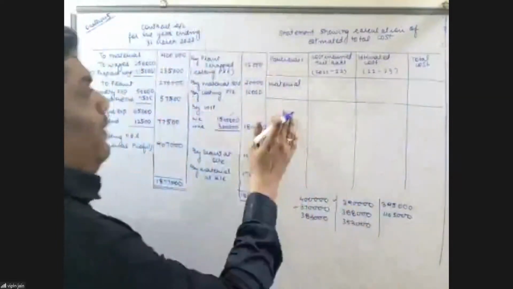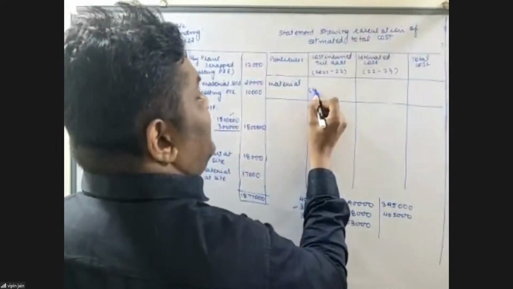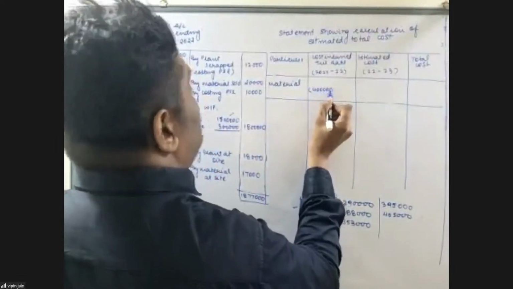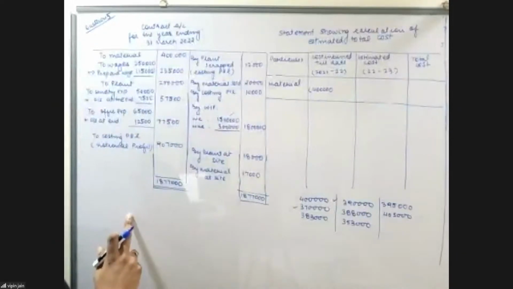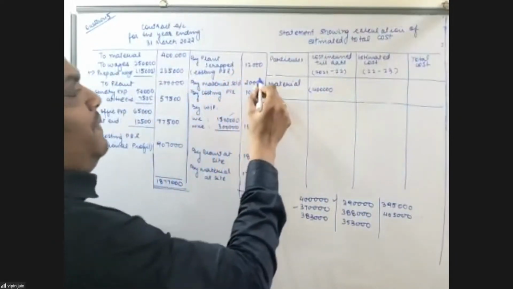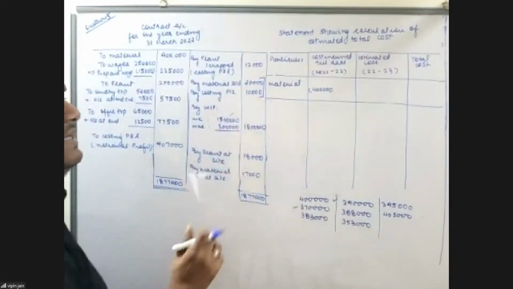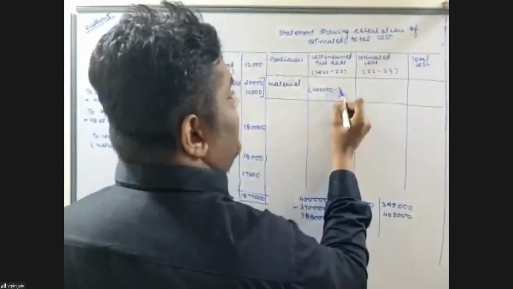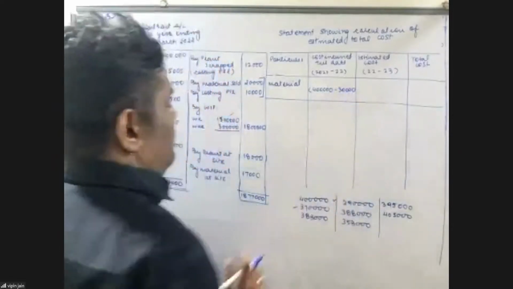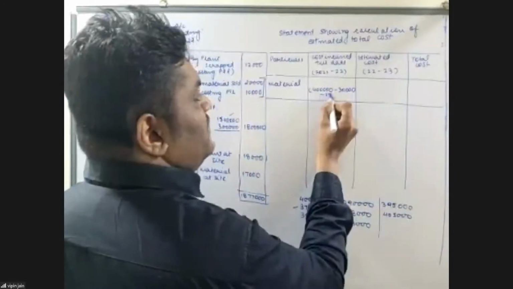So now, when talking about the cost of material, the material sent to the contract was 4 lakh. Of this, material costing rupees 30,000 was scrapped. The cost is 20 plus 10. So material costing rupees 30,000 was scrapped. Further, material still at site is 17,000.